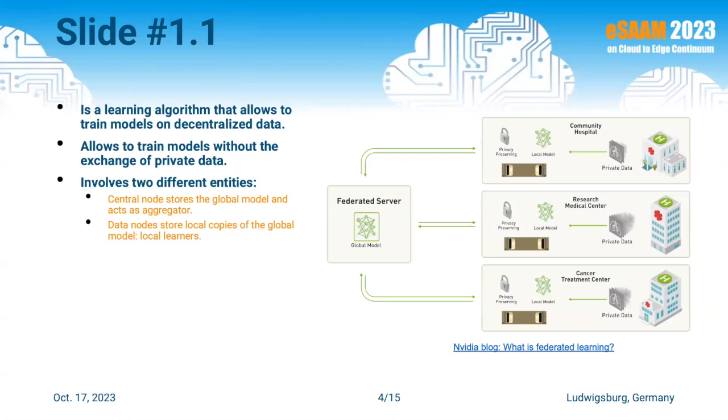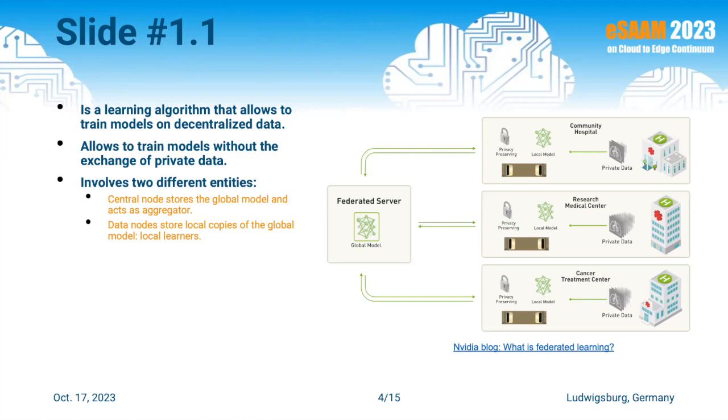There are several data sites that have a local learner that is a copy of the model. And then you have another entity that is the federated server or the aggregator. These two can interact, but there is no data exchange. There is just an exchange of parameters.